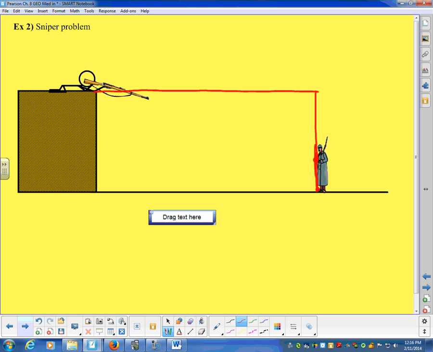So if the cliff is 30 feet high, then this distance over here is also 30 feet, right? And the angle of depression down to here is 24 degrees.